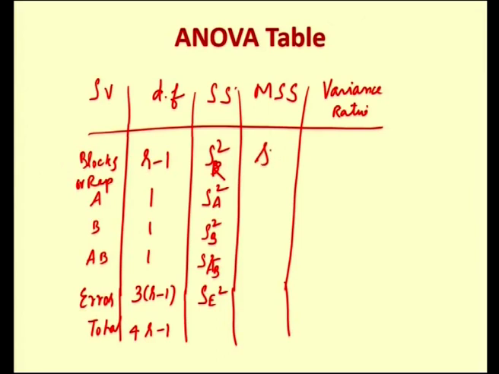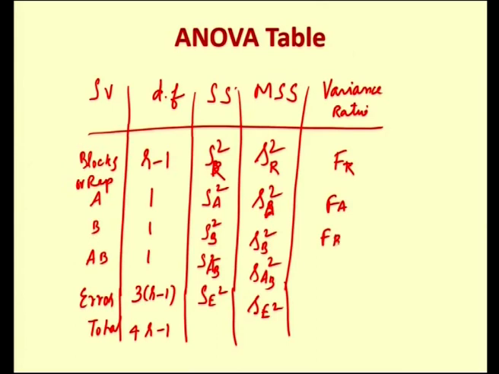So, it is denoted in small letters: small s r squared, small s a squared, small s b squared, small s ab squared and small s e squared, and we have variance ratios for replicates FR, for the factor A FA, for the factor B FB, and for the interaction FAB.